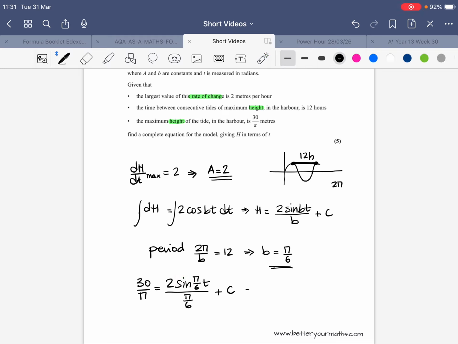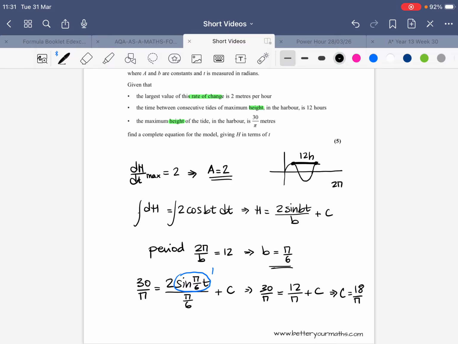So when this is 1, we have that 30 over pi is 12 divided by pi plus c. That means that c is 30 over pi minus 12 over pi, which is 18 over pi.